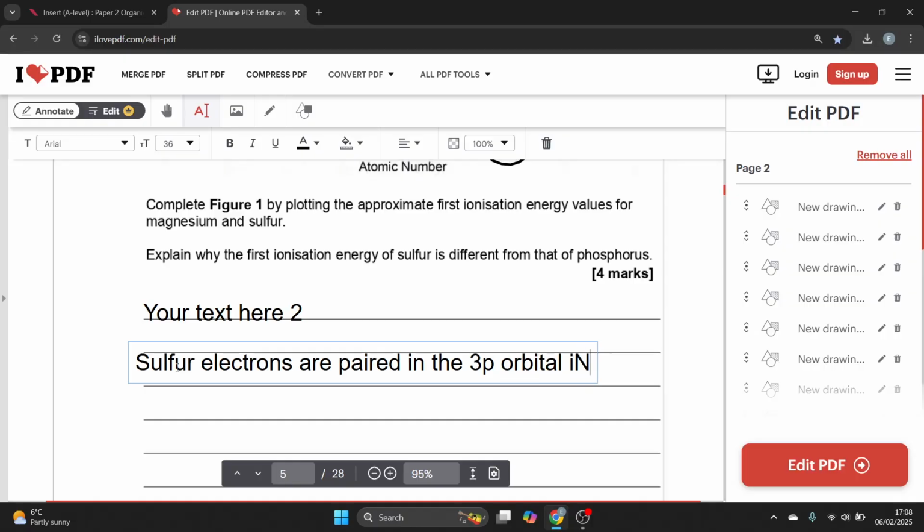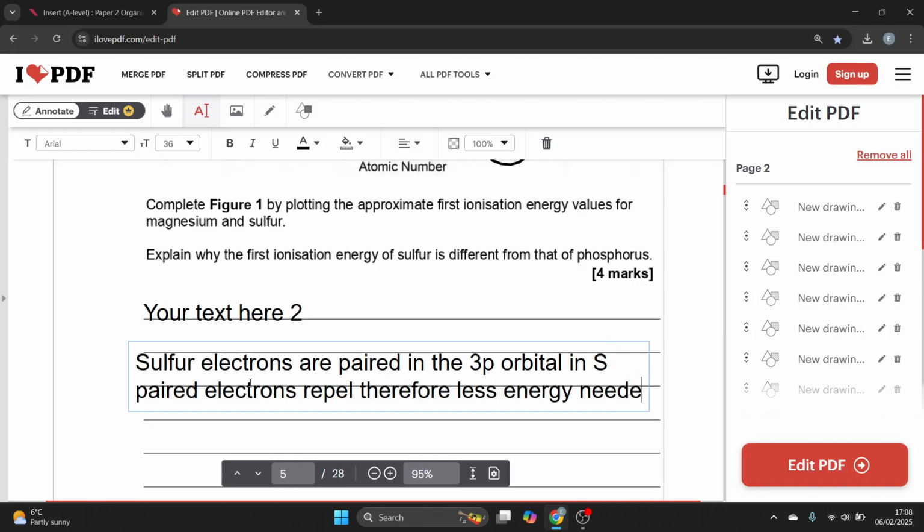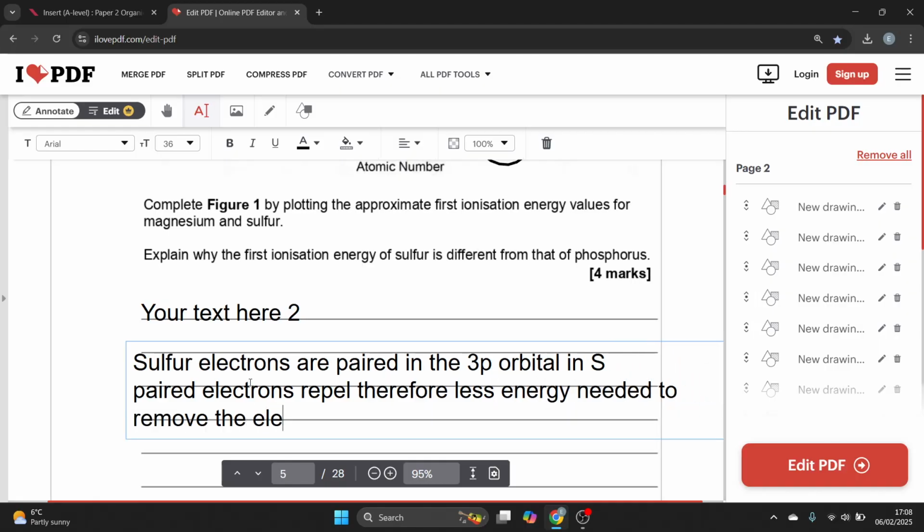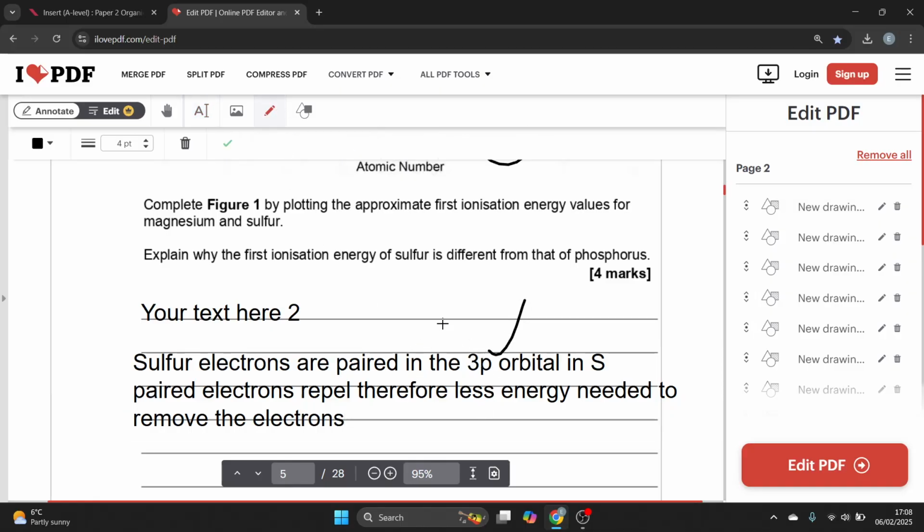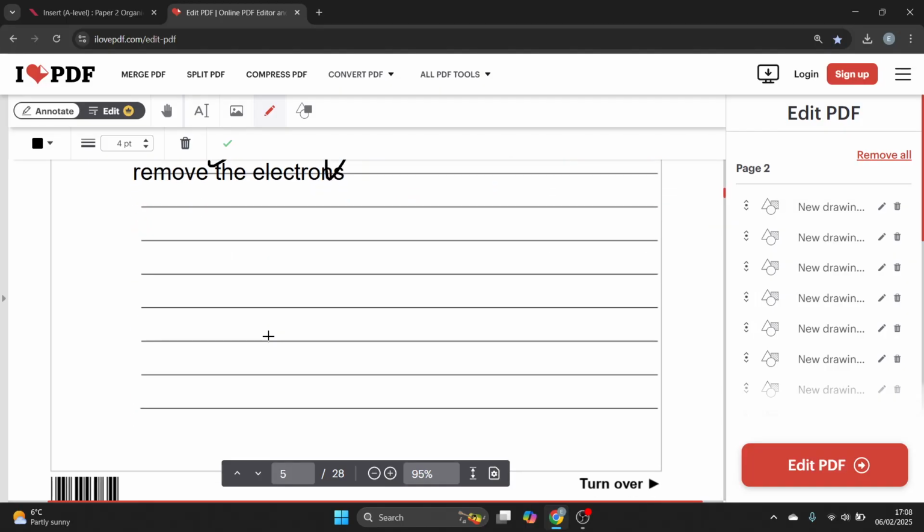You can't just say the p orbital because it could be any p orbital, 2p, 4p. So you have to say the 3p orbital in sulfur. And why does that matter? The electrons are paired, and paired electrons repel. And why does that matter? Therefore, less energy is needed to remove the electron. Sulfur electrons are paired in the 3p orbital, paired electrons repel, therefore less energy needed to remove the electron.